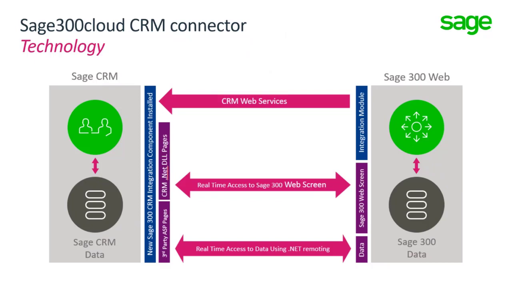And when it comes to the Sage 300 cloud interactions, we have to make sure that Sage CRM is configured in such a way as can receive and make the necessary Sage CRM web services passing from Sage 300 into Sage CRM, and whether there is actually the ability to make use of the web screens inside Sage 300 as well.